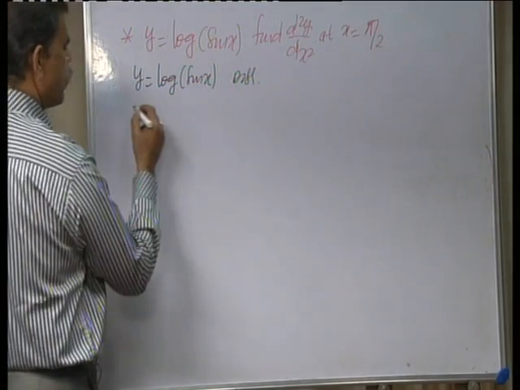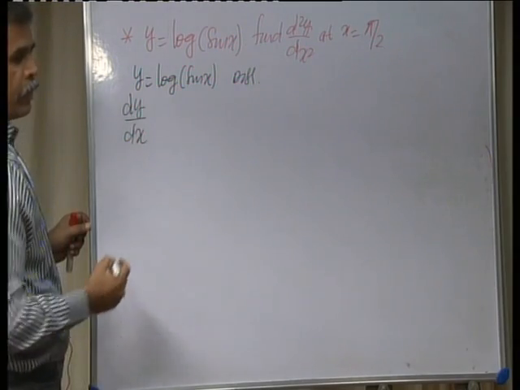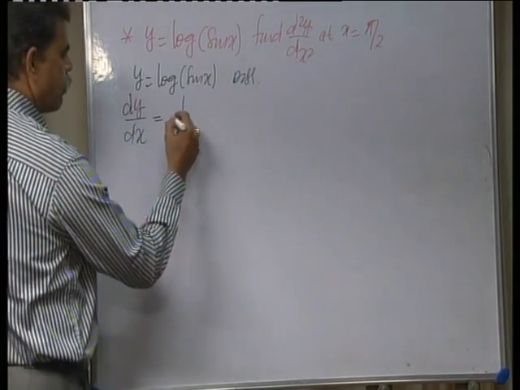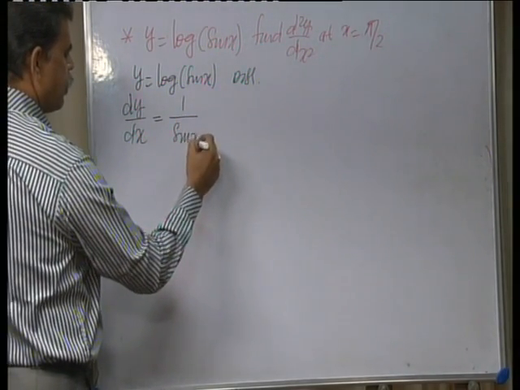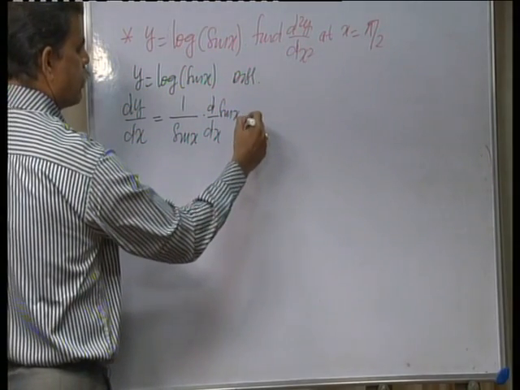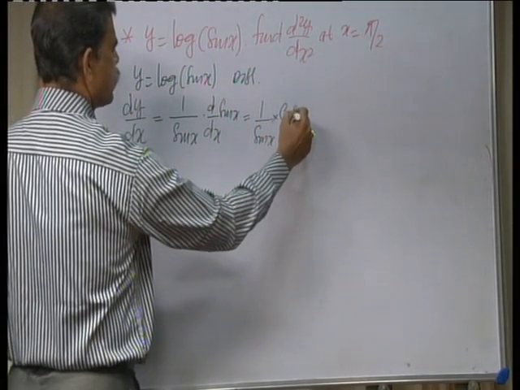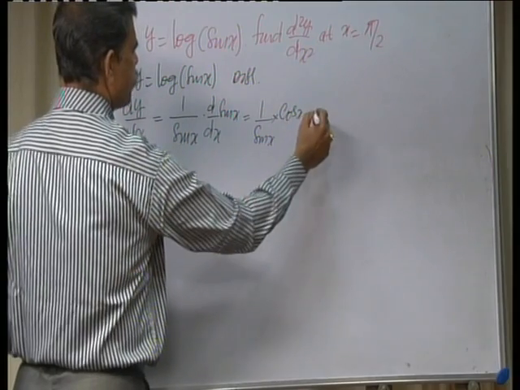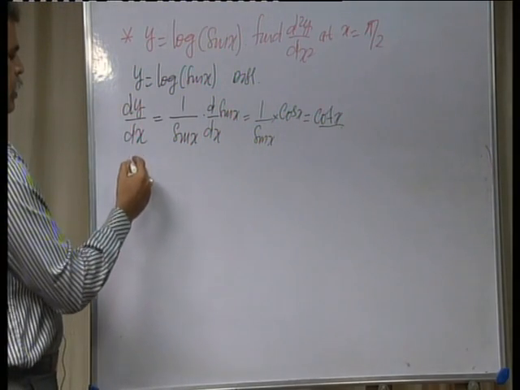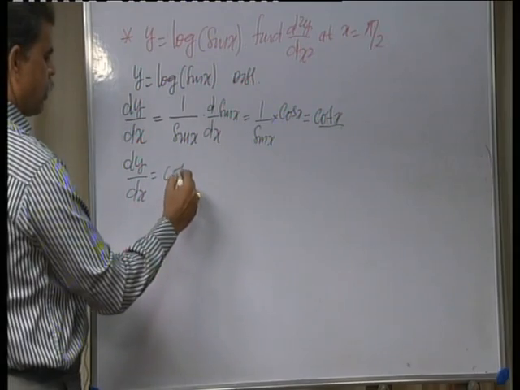Differentiate this, we get what? dy by dx is equal to log of function, that is 1 divided by function into d by dx of function. This is 1 by sin x into differentiation of sin x, which is cos x. Hence, cos by sin is cot x. dy by dx is equal to cot x.